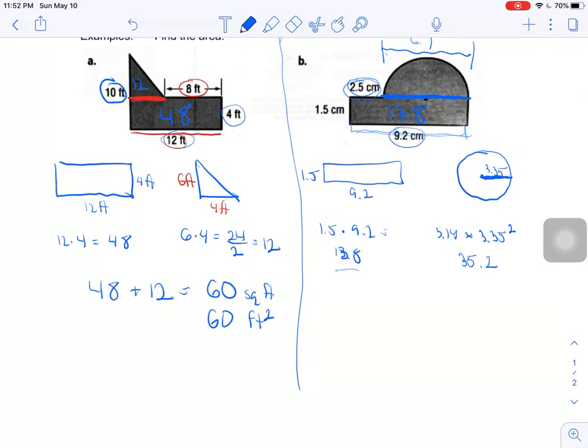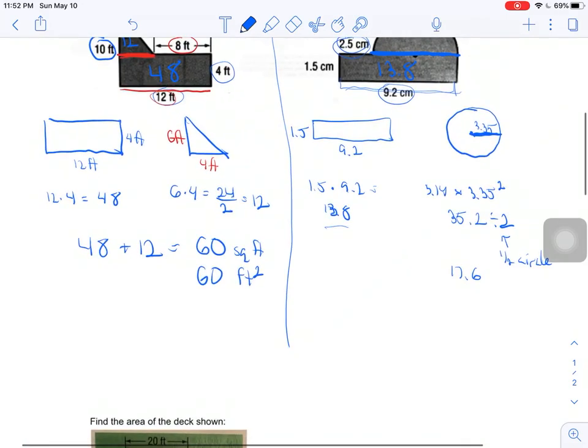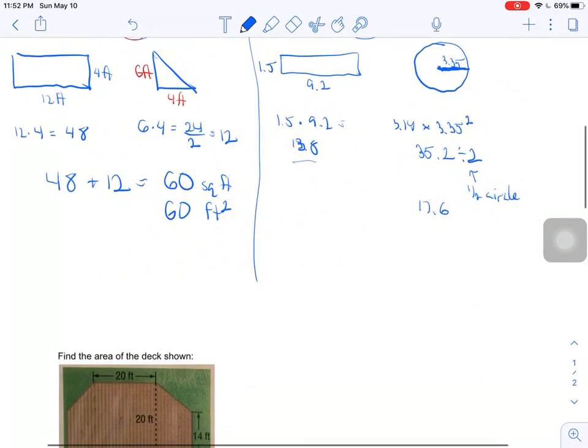But the thing we have to remember is that is the whole circle. So now I have to divide by 2 because I want half of the circle. So if I take 35.2 and divide it by 2, I get about 17.6. And now I'm going to take that and I'm going to add my two parts together.